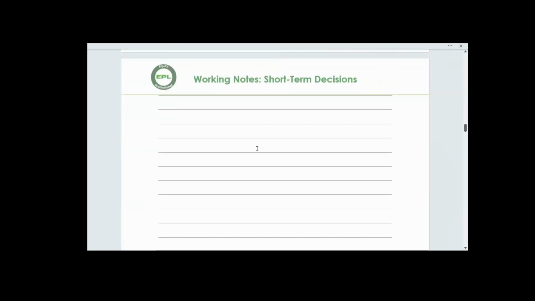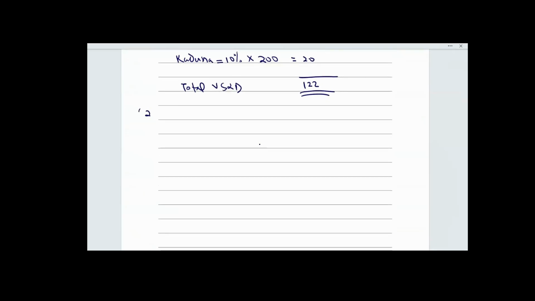So let's go and do the working for apportionment of the sales volume. Working number 2, factory fixed overhead.